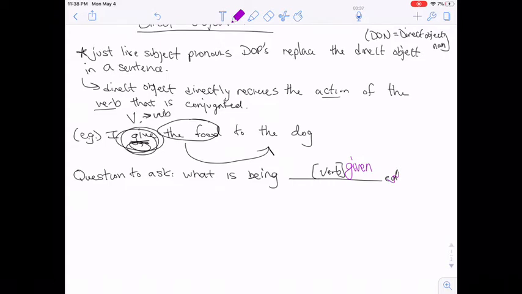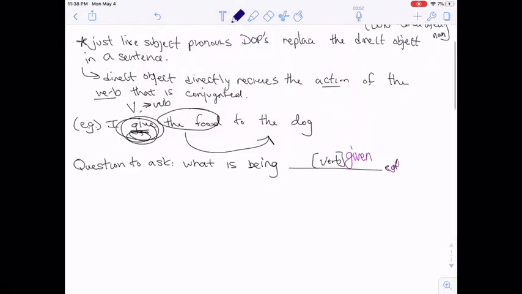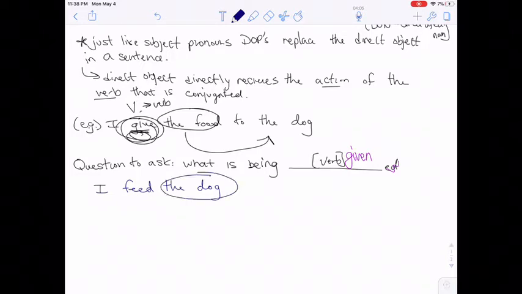So what I say in this context to be able to identify this easier, I ask the question, what is being blank? Just put the whole verb there. In this case, to give is the verb.